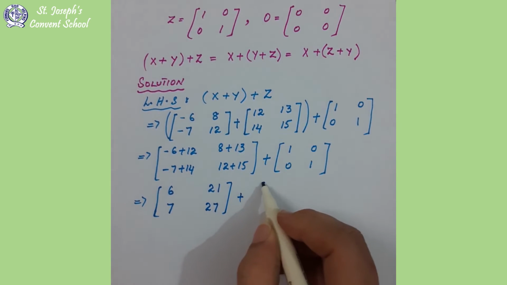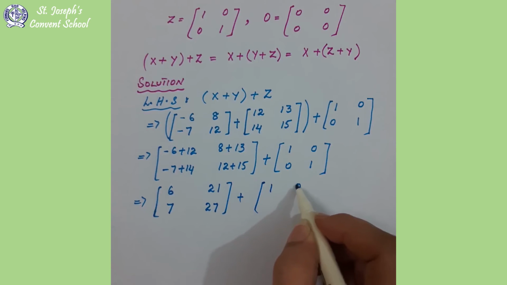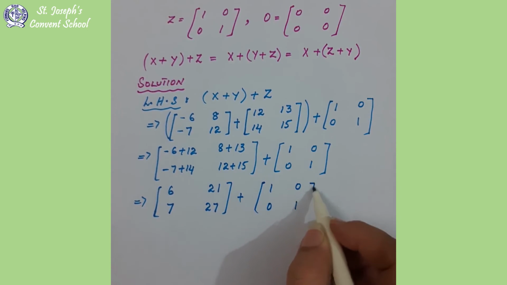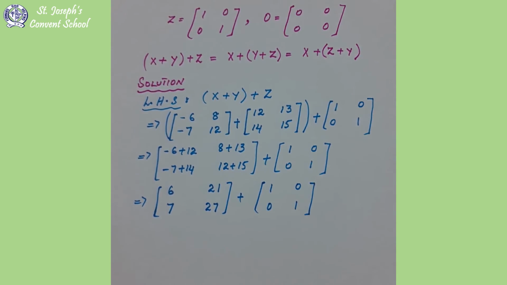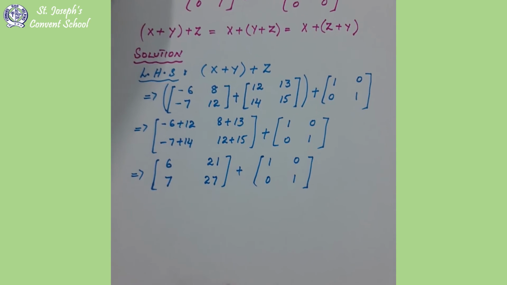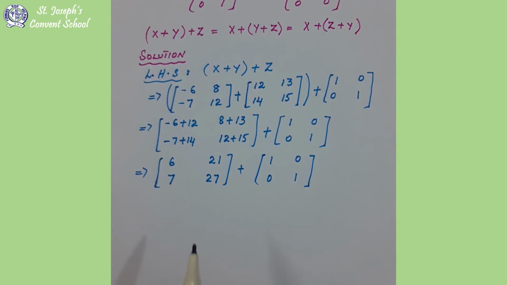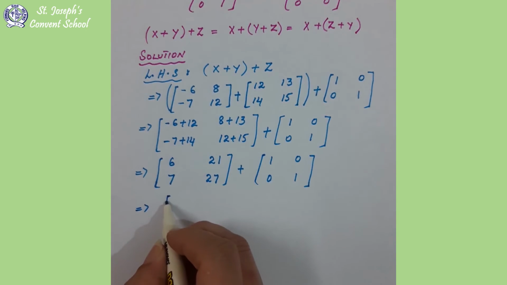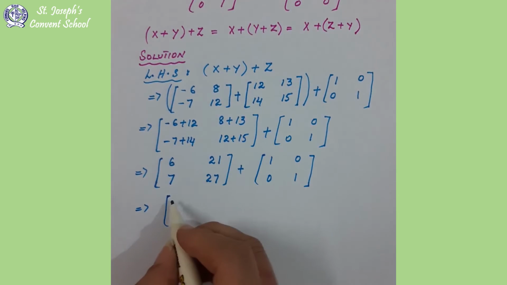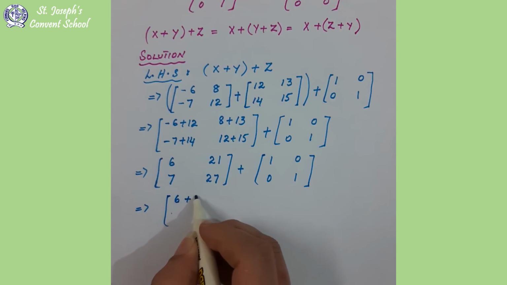Plus, now you can add this matrix 1, 0, 0, 1. Okay, let's add this matrix. Simply same way you are going to add, you can check the order. Order is the same, 2 rows, 2 columns. Same here, 2 rows and 2 columns, so you can add them. Let's add. First element plus first, 6 plus 1.